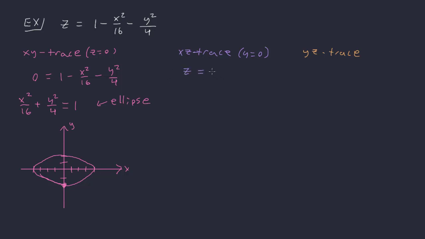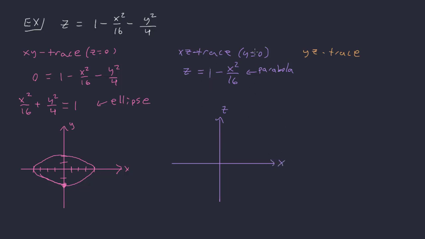This is our z is equal to 1 minus x squared over 16. Now this is actually a parabola. Okay, it's a parabola with, in this case, z-intercept equal to 1.